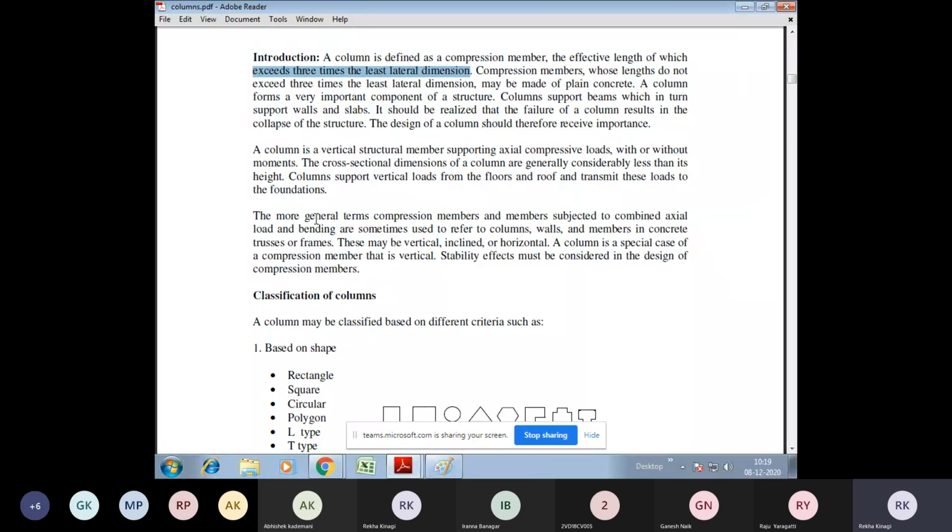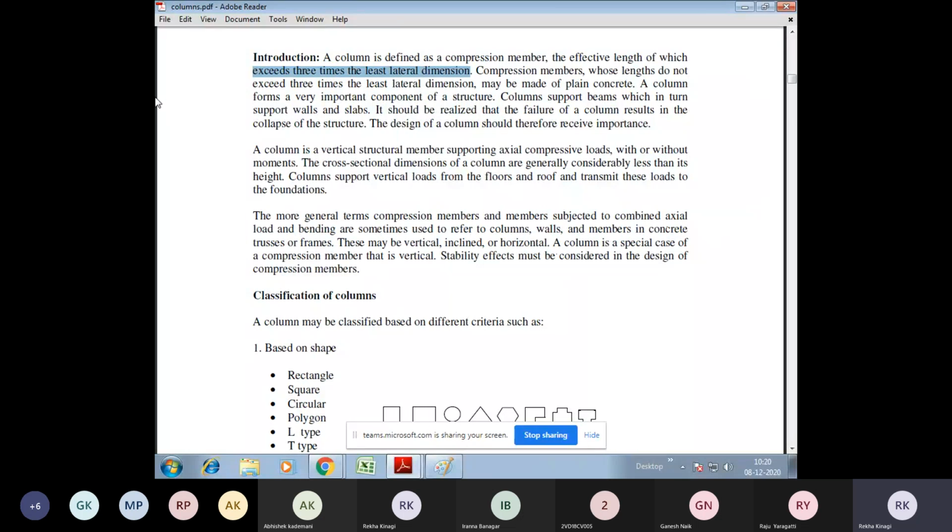The more general terms, compression members and members subjected to combined axial load and bending, are sometimes used to refer to columns and walls and the members in the concrete frames. These may be vertical, inclined or horizontal. So column is a special case of compression member which is vertical.